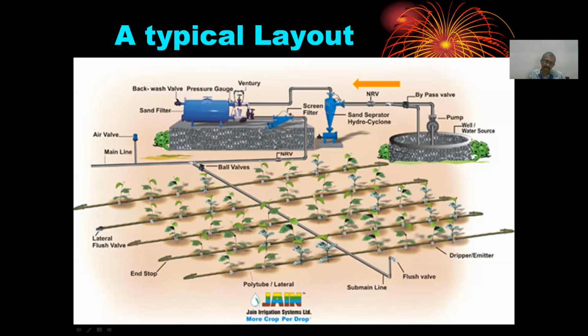It is because, see here, when the pump is shut off, what will happen? All the water in the pipe will get out of the drippers, and a vacuum will get created inside the pipe.